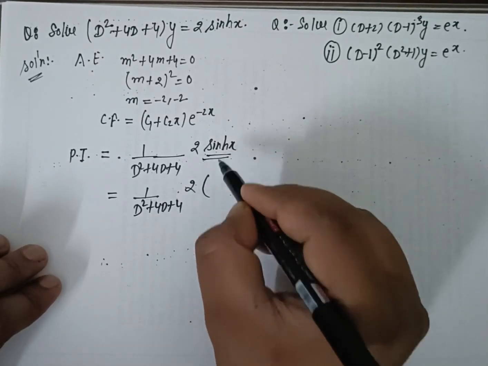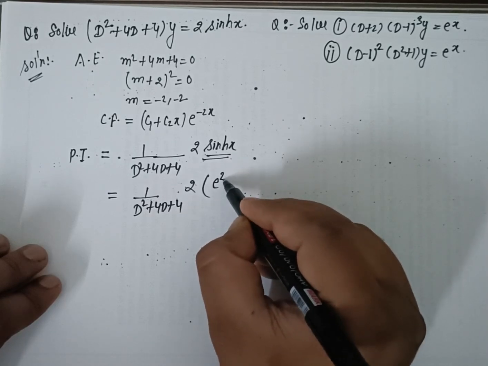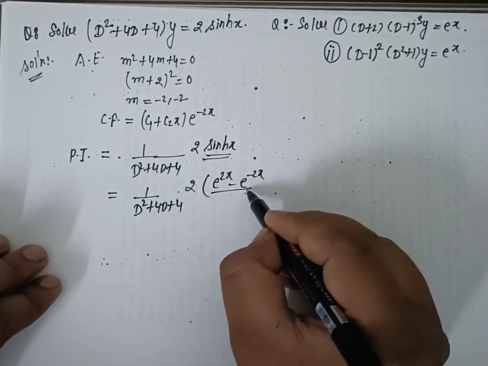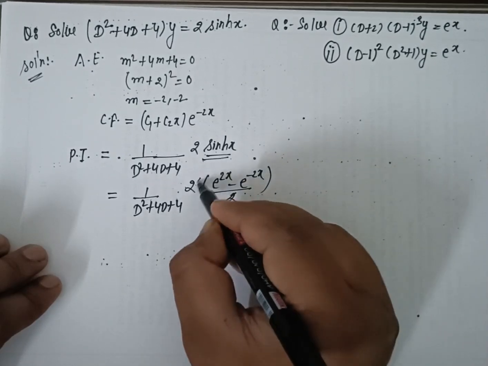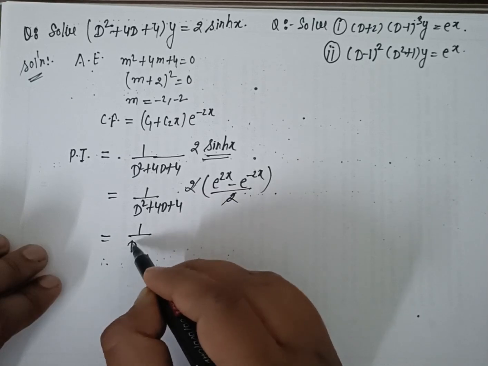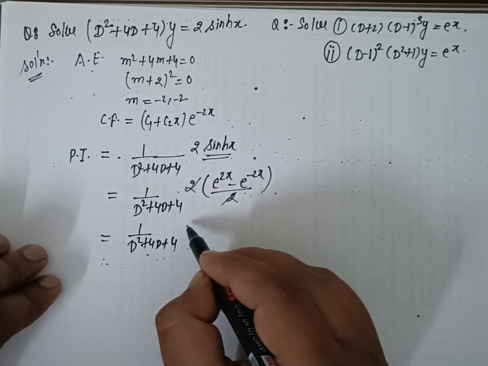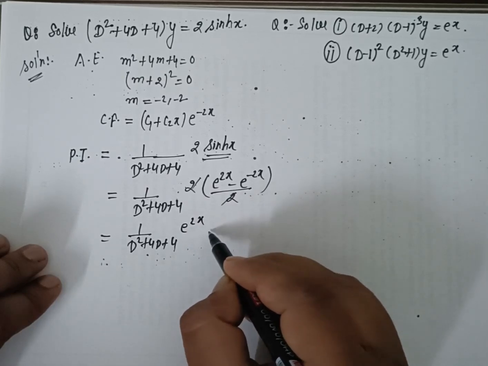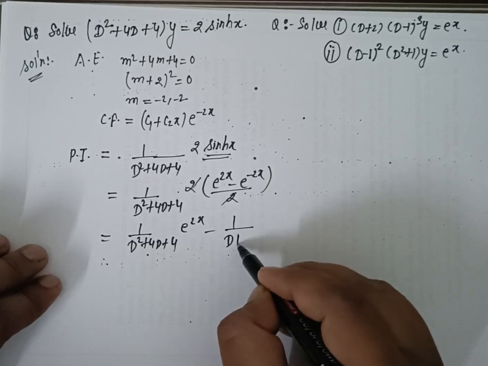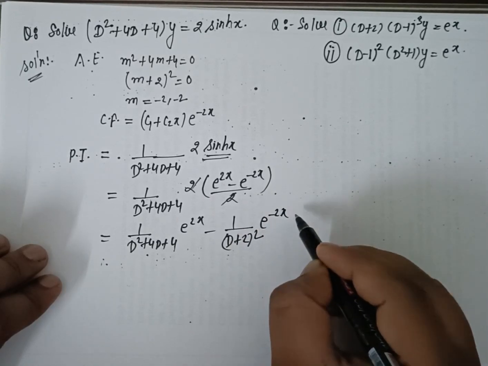You have studied this: sine hyperbolic x can be written as (e to the power x minus e to the power minus x) divided by 2. So you can write it as 1 upon (D square plus 4D plus 4) e to the power 2x minus 1 upon (D plus 2) whole square e to the power minus 2x.